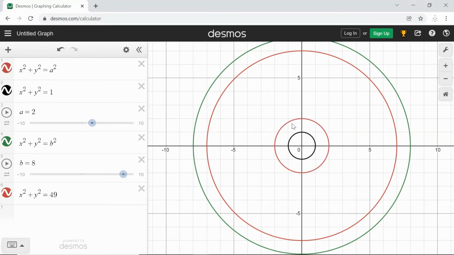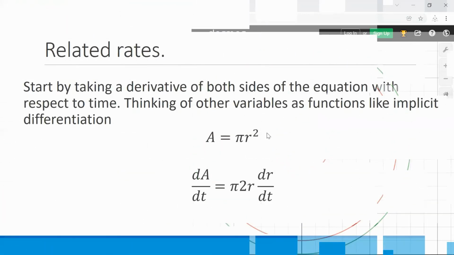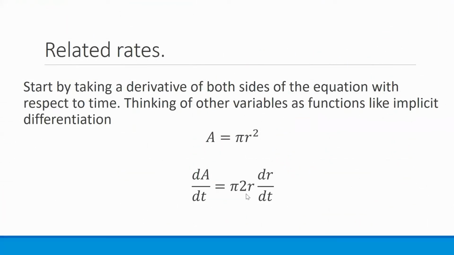So even though I've increased the radius by 1 in each case, this adds a lot more area to the bigger circle than it did to the smaller circle. That's what I'm trying to say. And that shows that the change in area depends on what radius you're at right now.